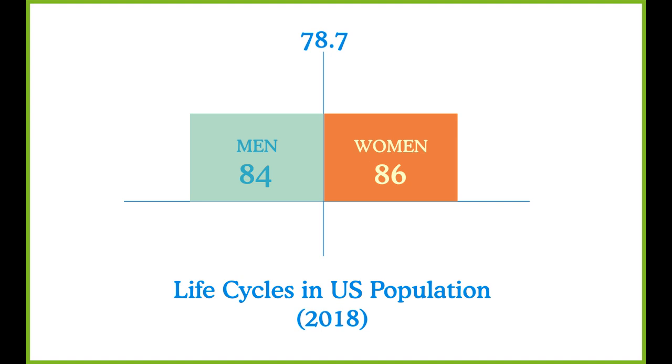As of March 24, 2018, the average life expectancy for men is about 84 years of age, and 86 for women. And the median, the age at which half the population dies earlier, and half of us dies later, is 78.7 years of age.